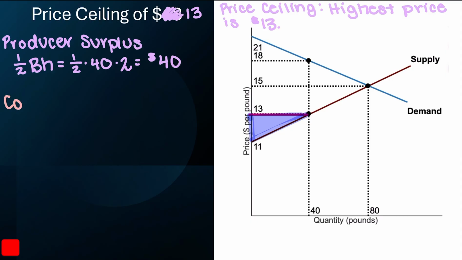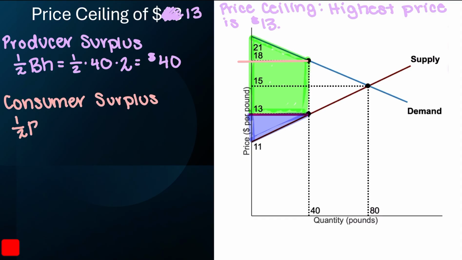Our consumer surplus this time would be the sum of the triangle and the rectangle. So this green figure at the top. And again, you're more than welcome to actually memorize the formulas, or you can break it into a triangle and a rectangle.